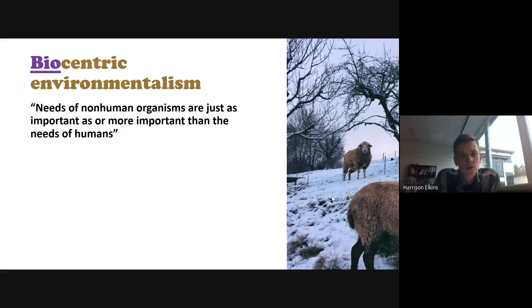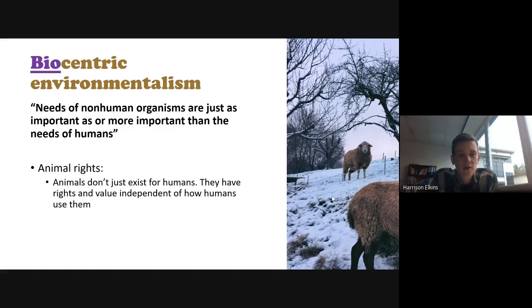So we don't have the right to exploit non-human organisms because they have a right just as much as we do. Animal rights is a huge part of the biocentric camp. Animals don't just exist for humans, they have rights and value independent of how humans use them.